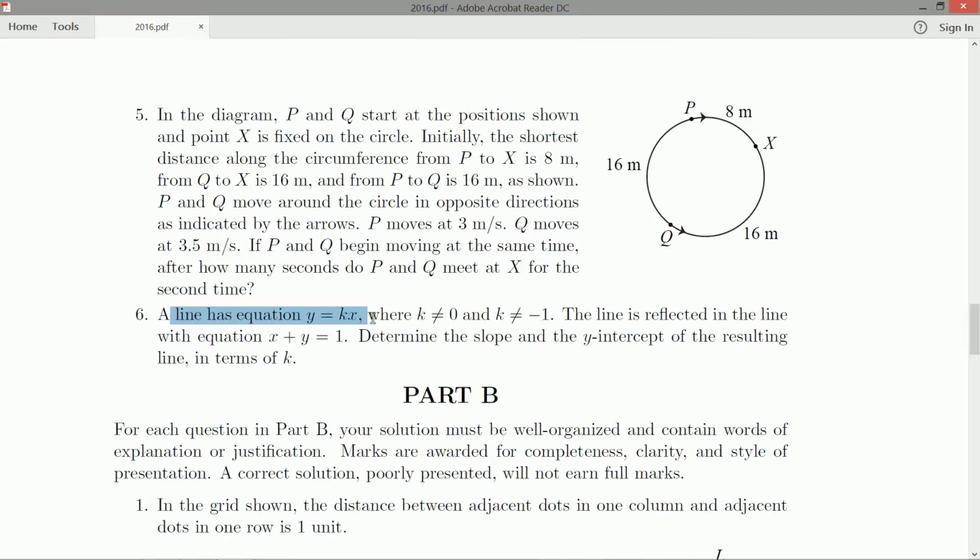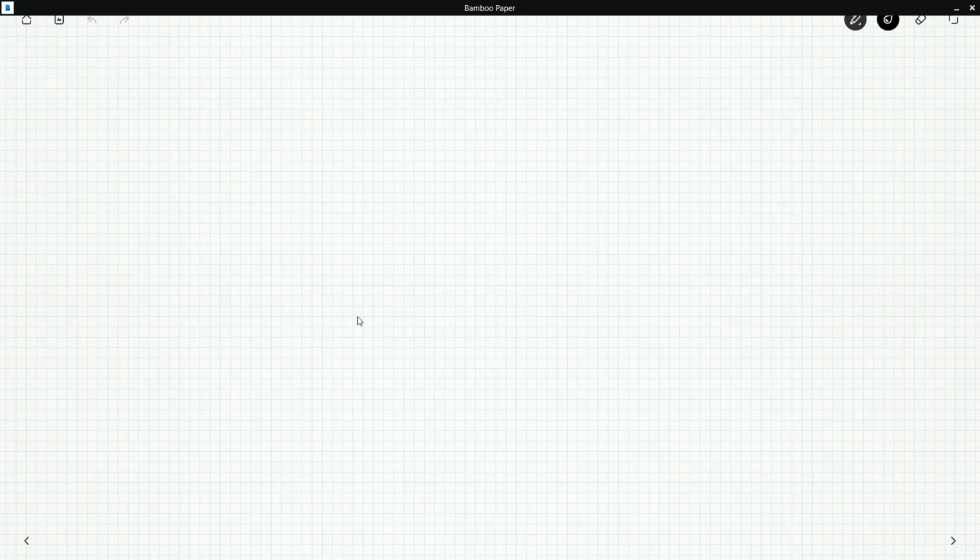A line has equation y equals kx, where k is not 0 and k is not -1. So if we could just for a moment start thinking, what sort of lines are y equals kx? Well, we should hopefully have knowledge of equations of lines under our belt, and you could start drawing some examples. y equals 2x is going to shoot up like this.